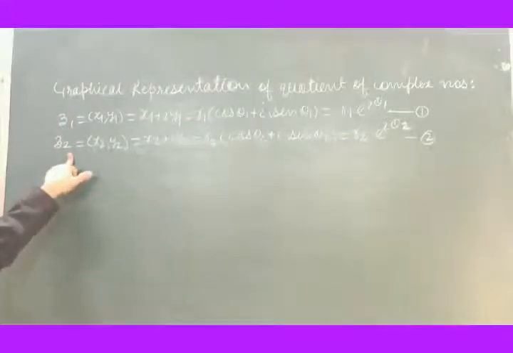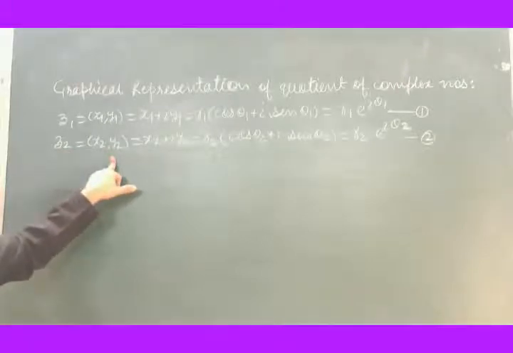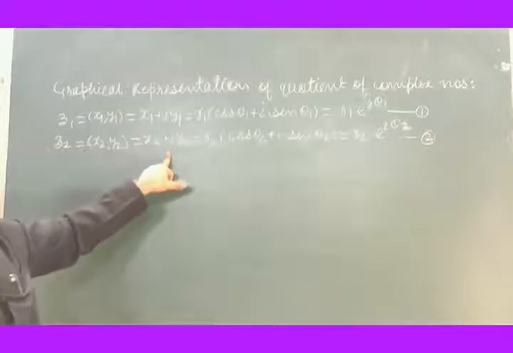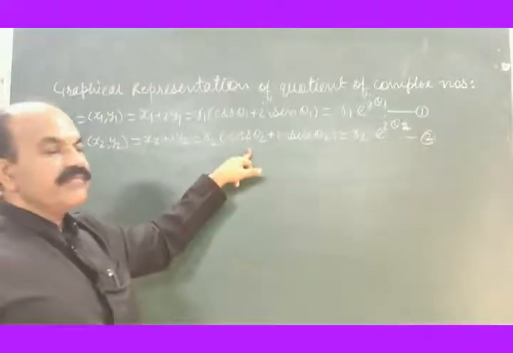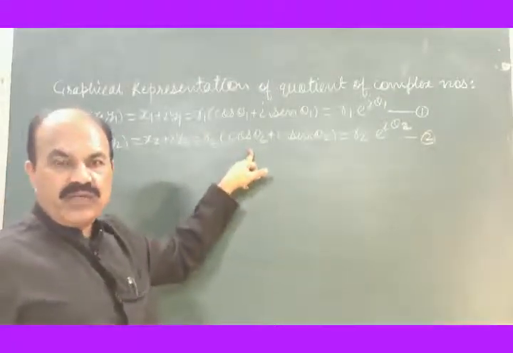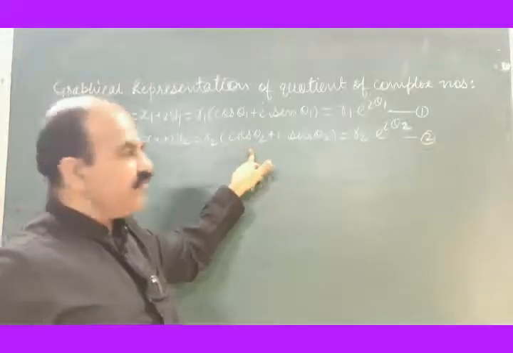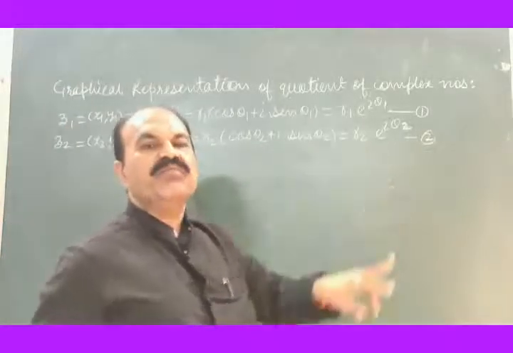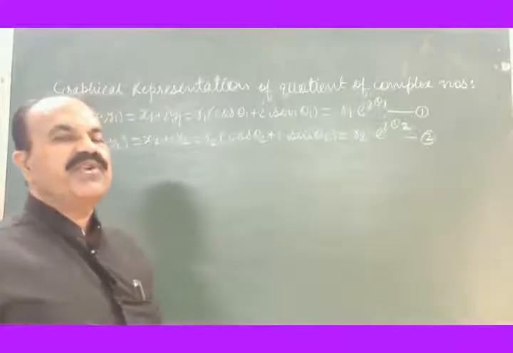Second complex number Z2 is equal to (x2, y2), an ordered pair of real variables; x2 plus i y2, rectangular form; R2 (cos theta 2 plus i sin theta 2), polar form; R2 e to the power i theta 2, exponential form.